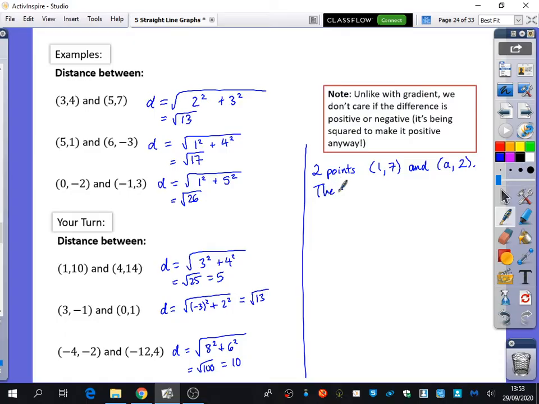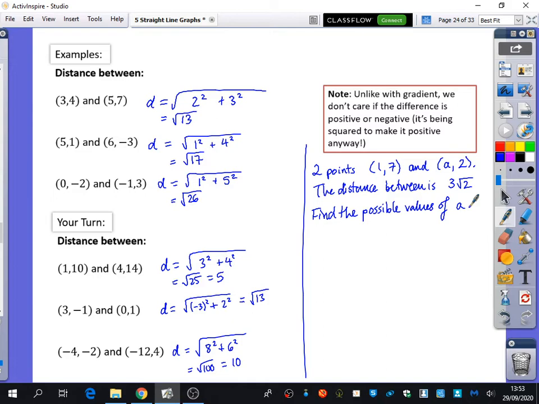And I'm going to say the distance between them is 3 root 2. Is that going to work? I hope so. Find the possible values of a.